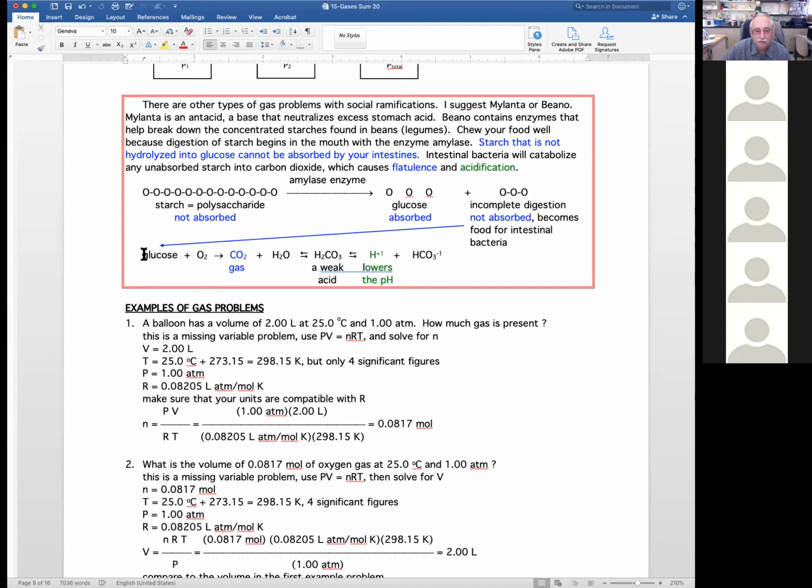Because we're going to digest them, even though you didn't. And what do they do with it? They do the same thing you would do with it. They produce CO2 and water. That combines into carbonic acid, which then gives you an acidified pH. Your intestines are supposed to be pH neutral. But if you don't completely digest your food, then you may have acidification and gasification due to bacterial metabolism.